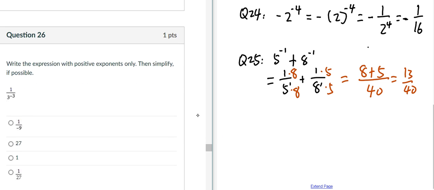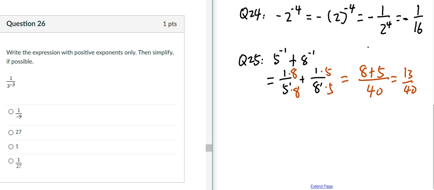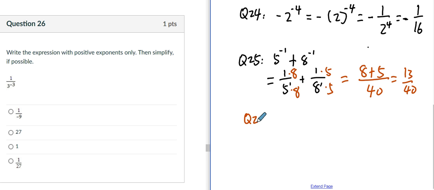Very nice. Well, here, let's look at question 26. What does 26 say? 26 is 1 over, with the main fractional bar, and then 3 to the negative 3.